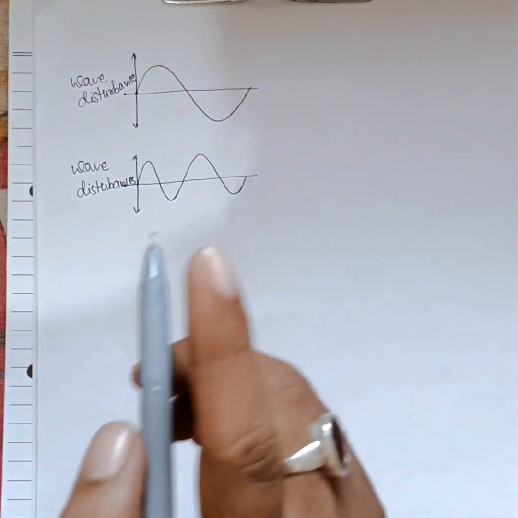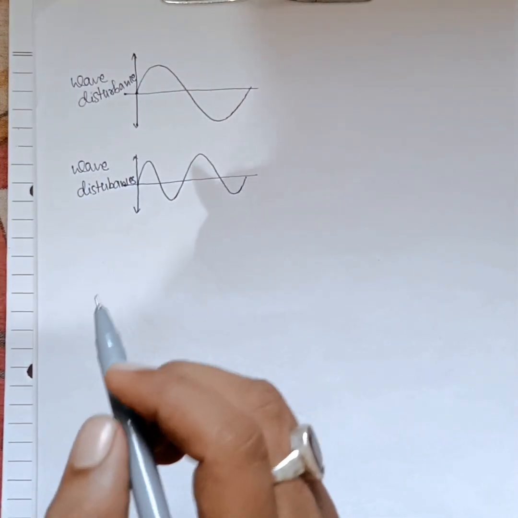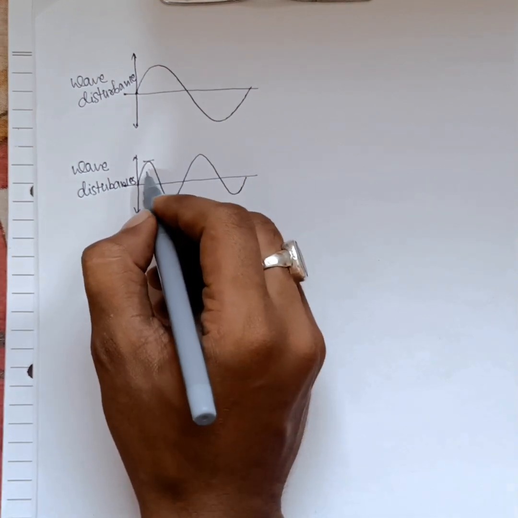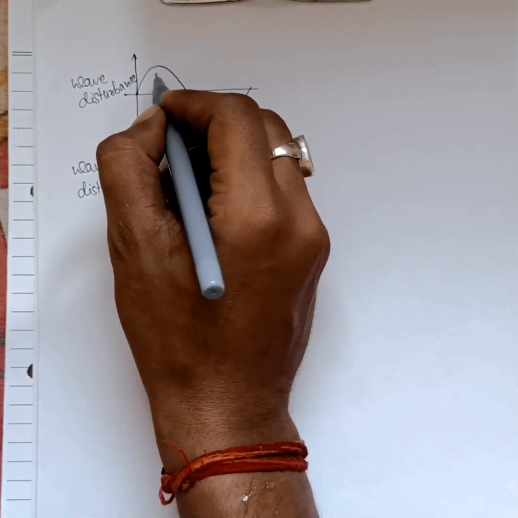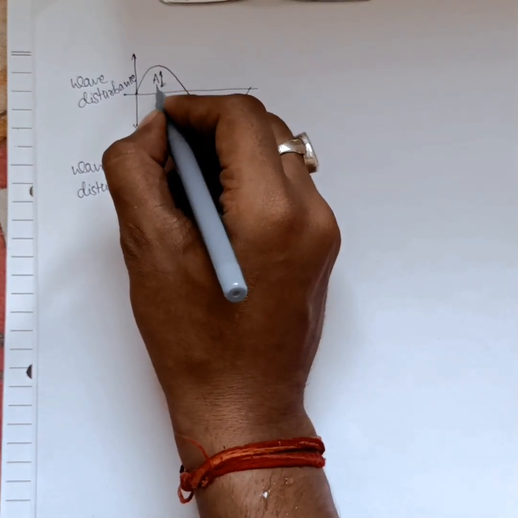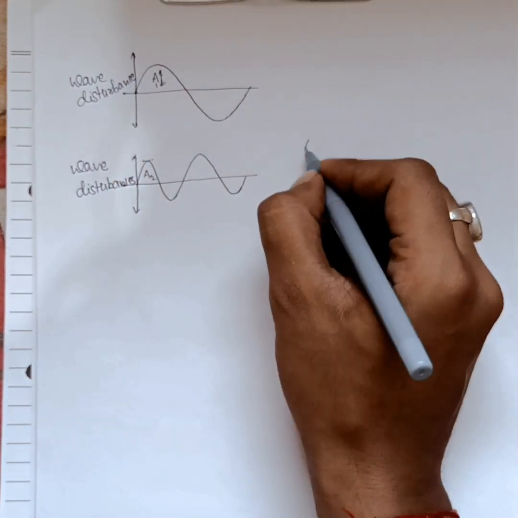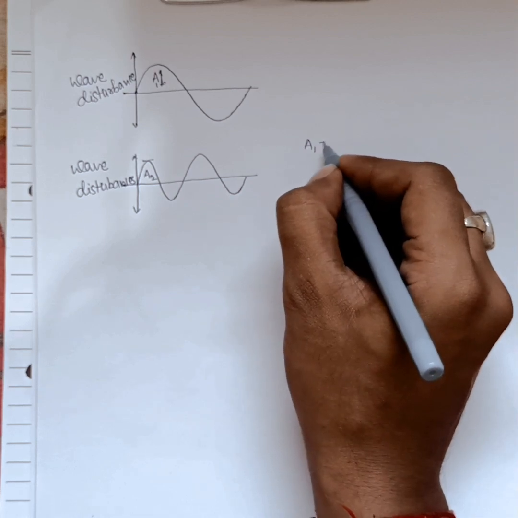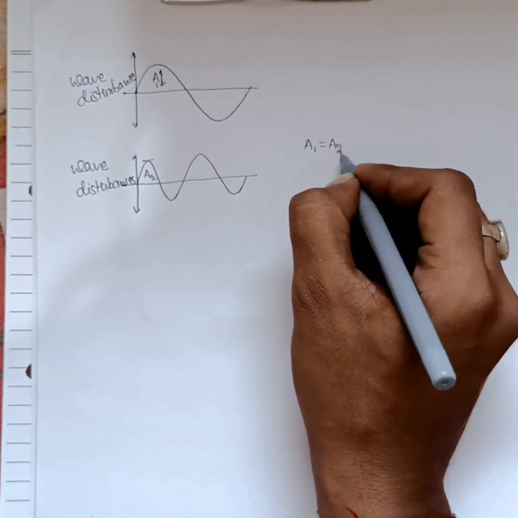Two things we are discussing, we have to understand first. Let us consider the amplitude of both the waves is the same. Here this is A1 and this is A2. The amplitude of the first wave is equal to the amplitude of the second wave.